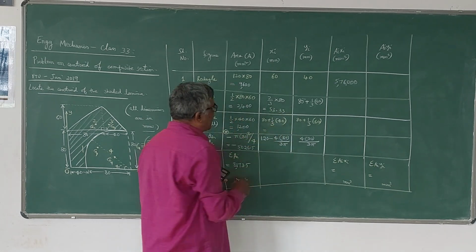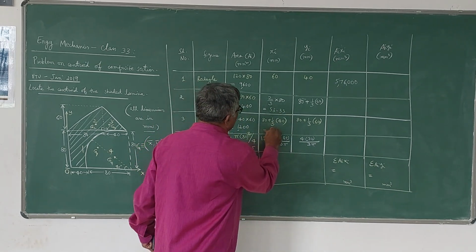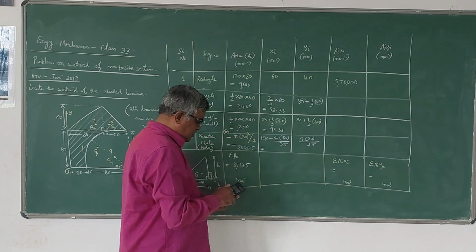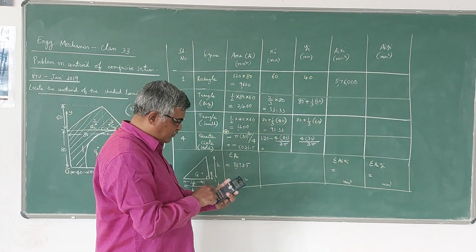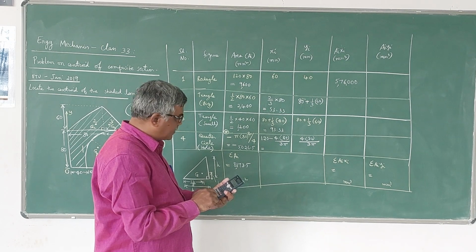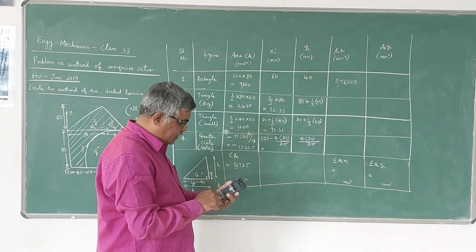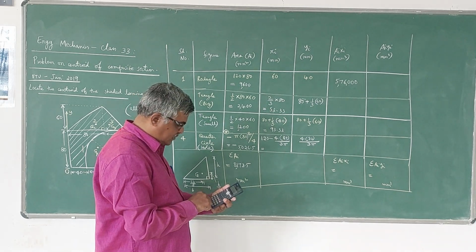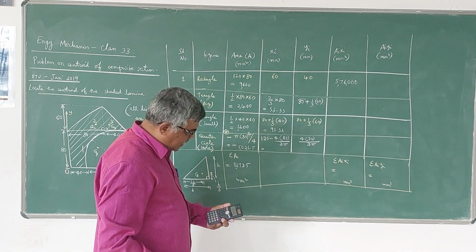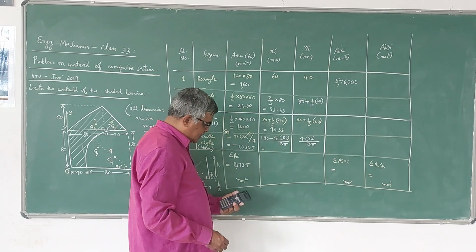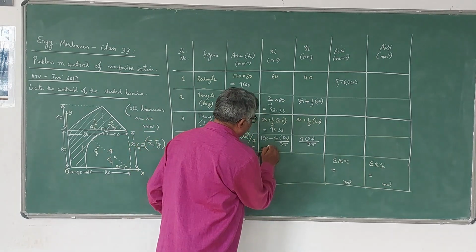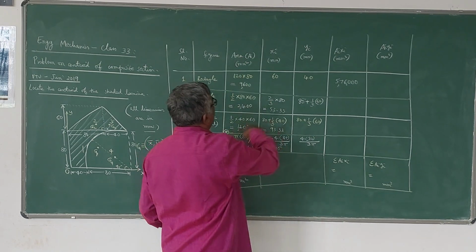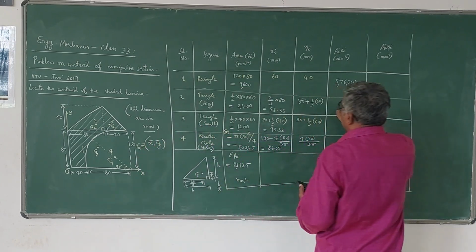And this one is 80 plus 13.33, which is 93.33. And this value is 120 minus 4 into 80 divided by 3 pi, which is 86.05. Now multiply these A values with X values to get ai xi.